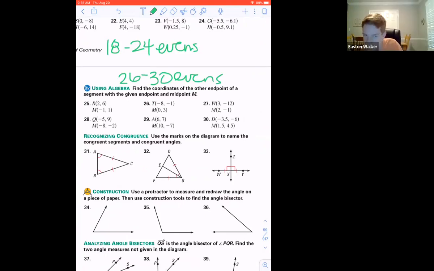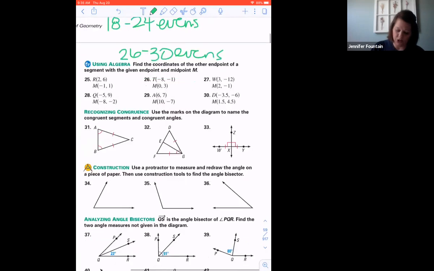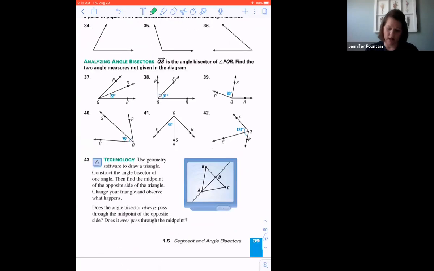Wait, so on page 38, it's 18 through 24? 18 through 24, just the evens. You don't have to do odds, just the evens. Same thing with 26 through 30 on page 39. All right, then we are going to jump down and do 37 through 42 evens.